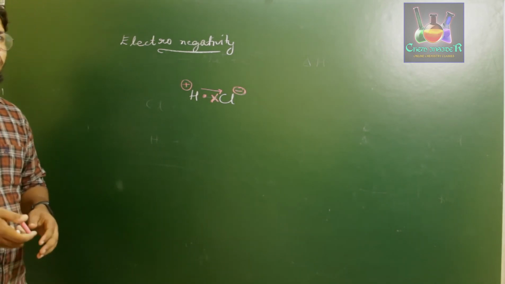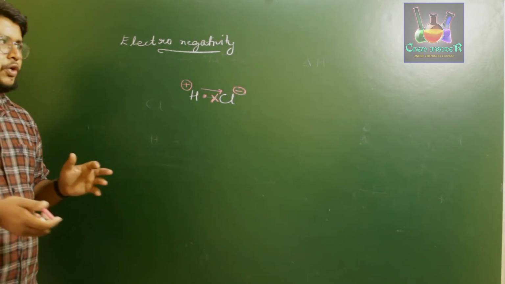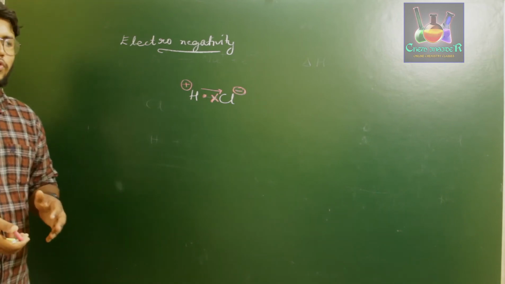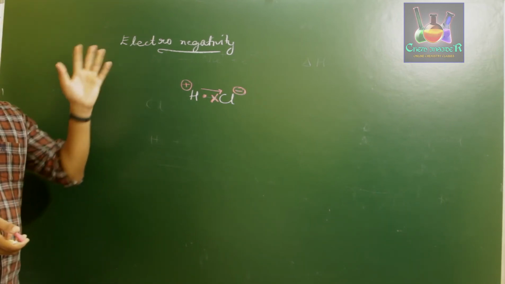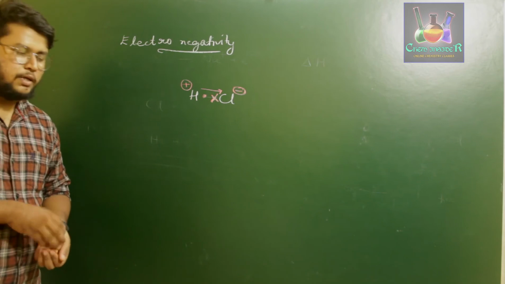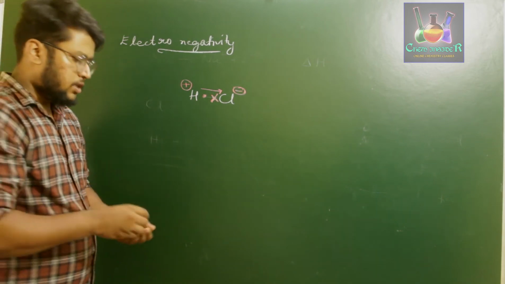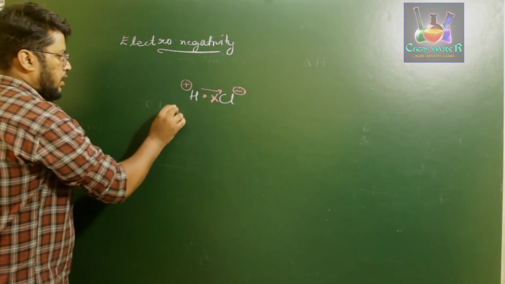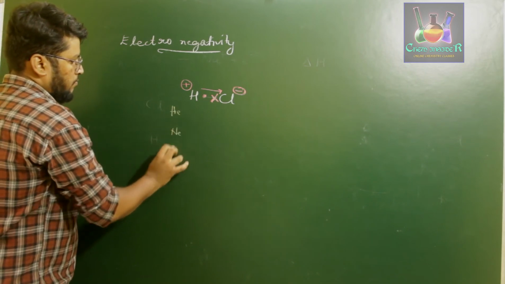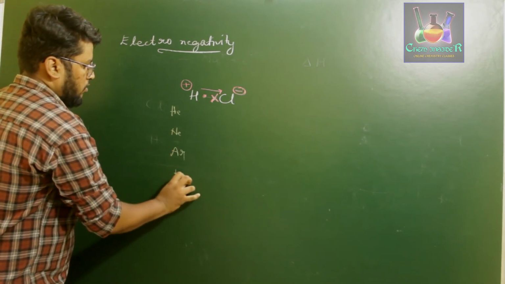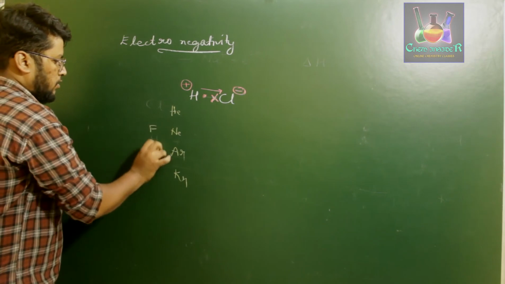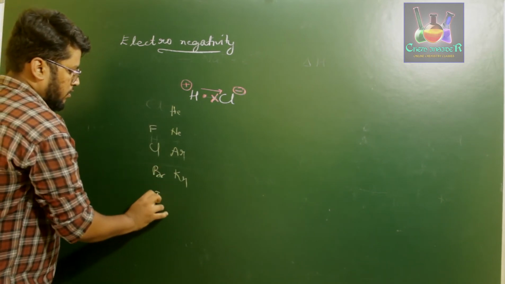Usually, electronegativity of an atom in the periodic table is more for those atoms present in the top right corner of the periodic table. That means, if you consider the halogens present next to helium, neon, argon, krypton, that is fluorine, chlorine, bromine, iodine.